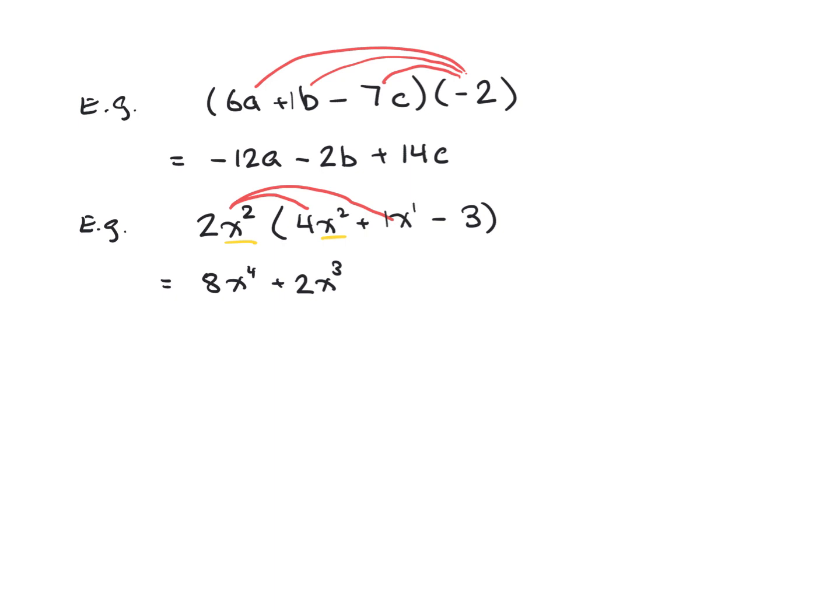We add the exponents when multiplying powers with the same base. Finally, we will have 2x squared times -3. So the number part is 2 times -3, making -6. And then the letter part will simply be x squared, coming from the 2x squared. Okay, so there's an example where you also have to apply exponent laws.